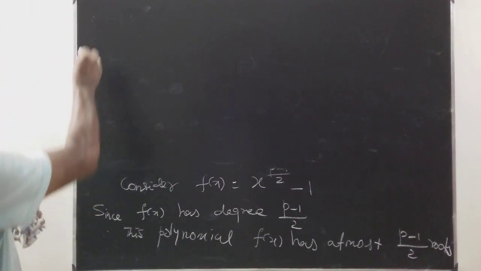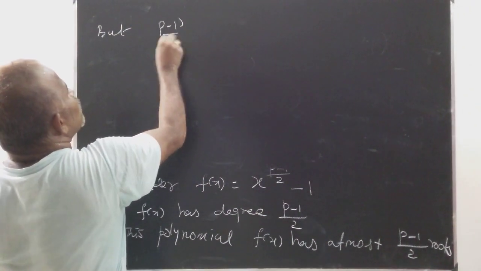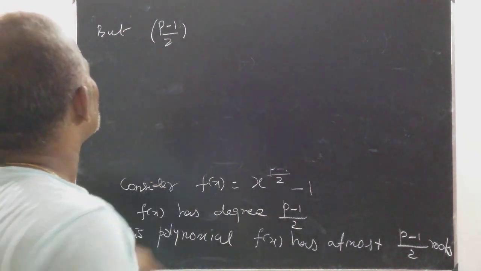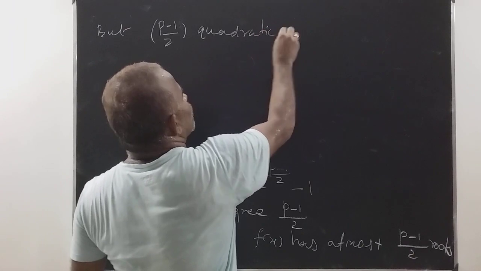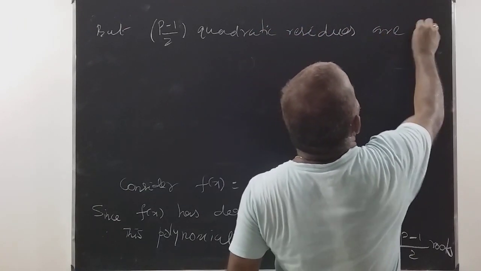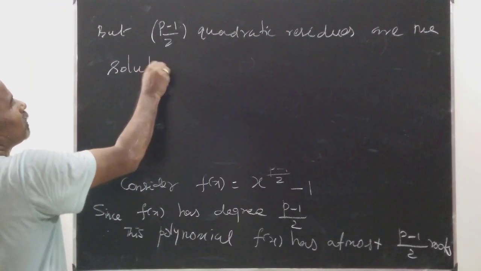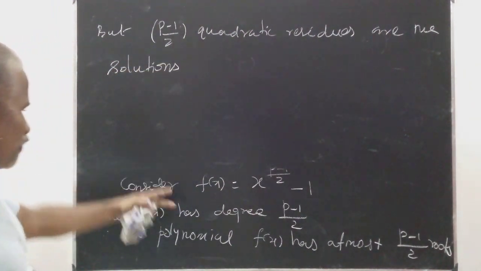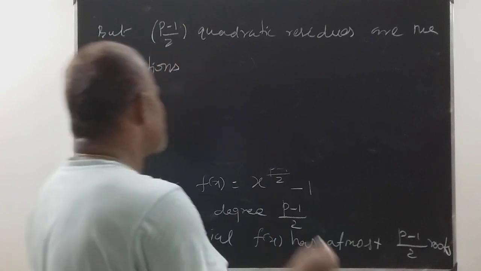But the (p-1)/2 quadratic residues are the solutions. The (p-1)/2 quadratic residues are solutions, and totally this polynomial has at most (p-1)/2 solutions.